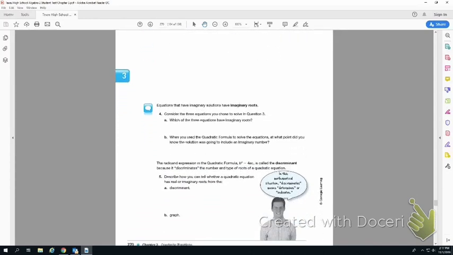Go to 4b. It says, when you use the quadratic formula to solve the equations, at what point did you know the solution was going to be an imaginary, or include an imaginary number? So what was the part of it that we had a negative number underneath the radical?